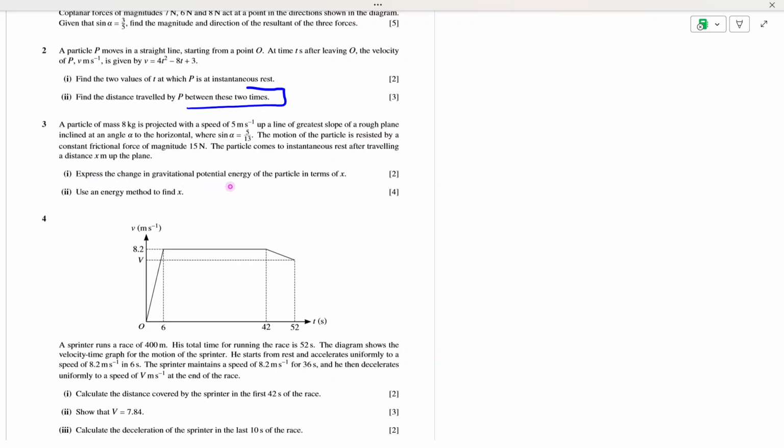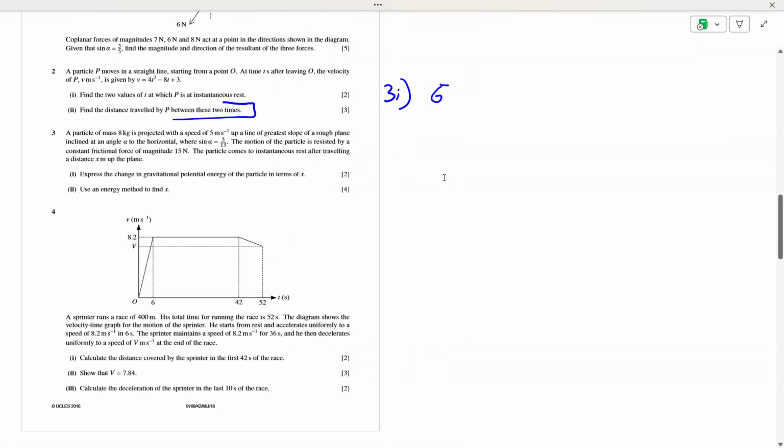Express the change in gravitational potential energy of the particle in terms of x. Okay, so for gravitational potential energy, we know that the change in GPE is equal to mg, change in height, mgh, right?